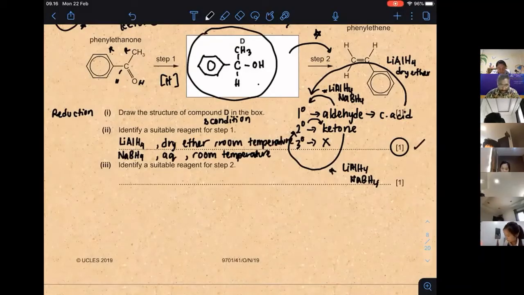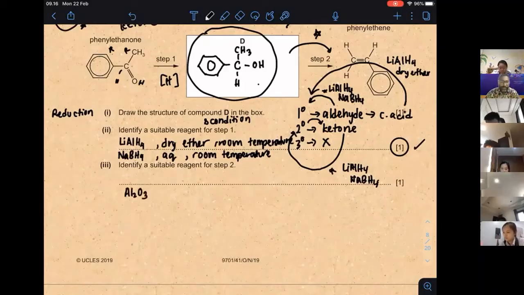Now identify a suitable reagent for step number 2. Step number 2 is from the beginning when we learned about hydrocarbons. Even in AS we have learned about this. If you check your textbook, there are a few things that they mention. Even in the textbook they mention this Al2O3.